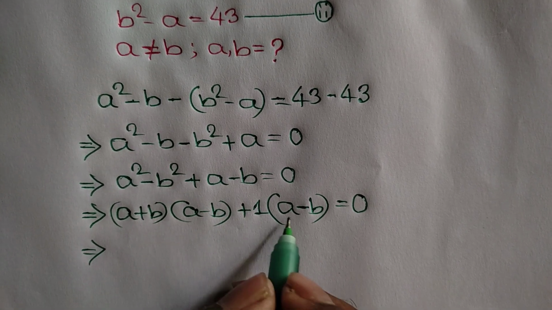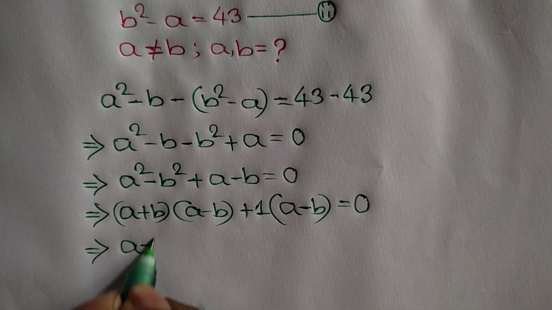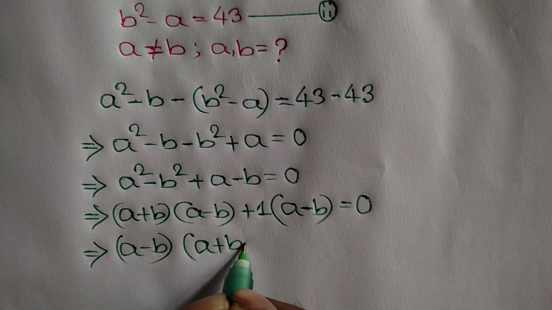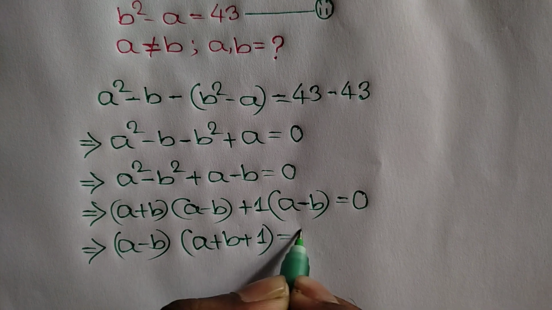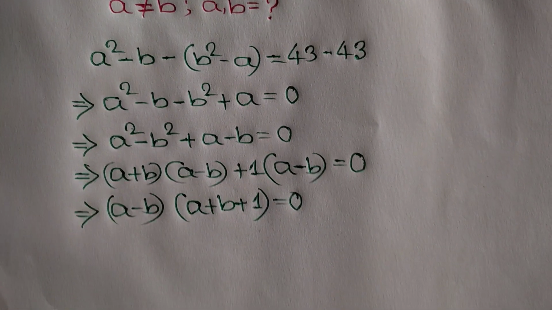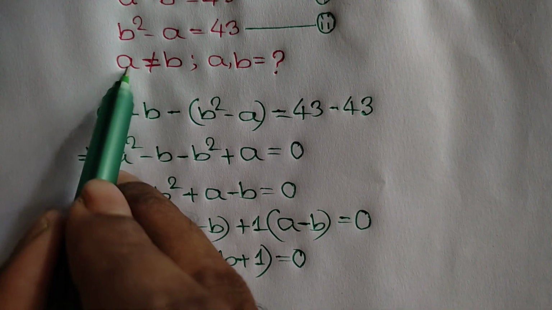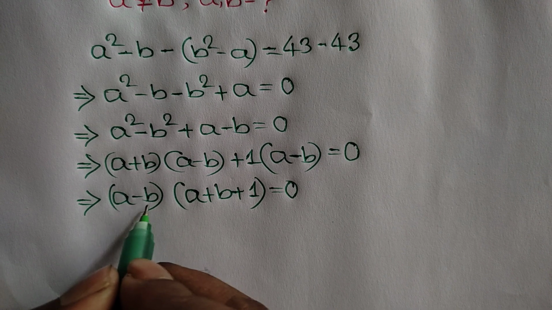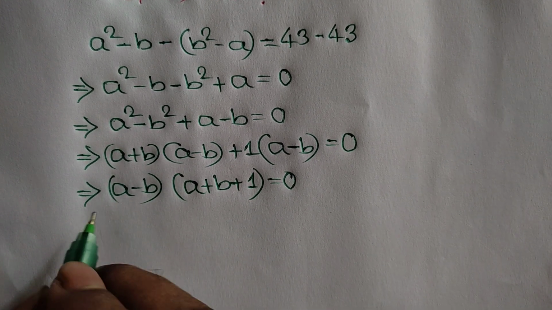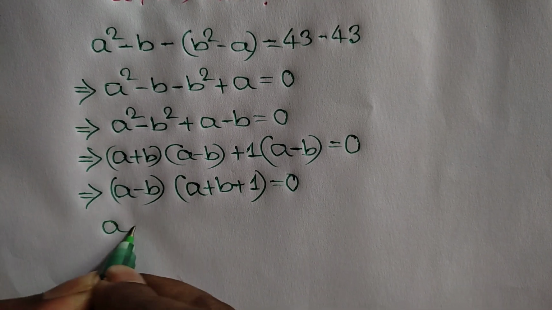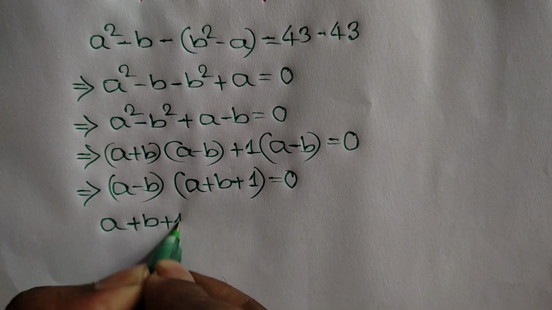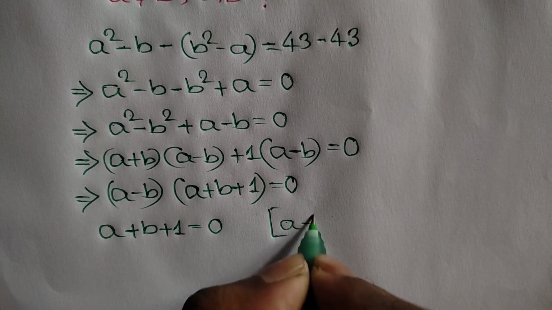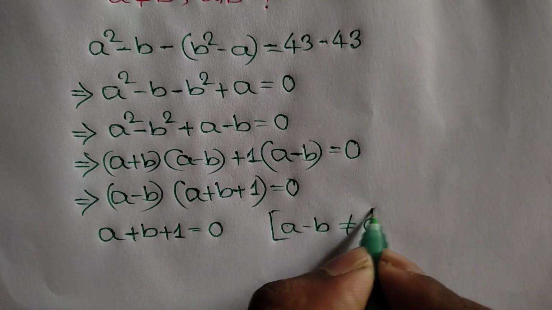Or taking common a minus b, we get a minus b times a plus b plus 1 is equal to 0. As a not equal to b, so a minus b not equal to 0. So we will have a plus b plus 1 is equal to 0.